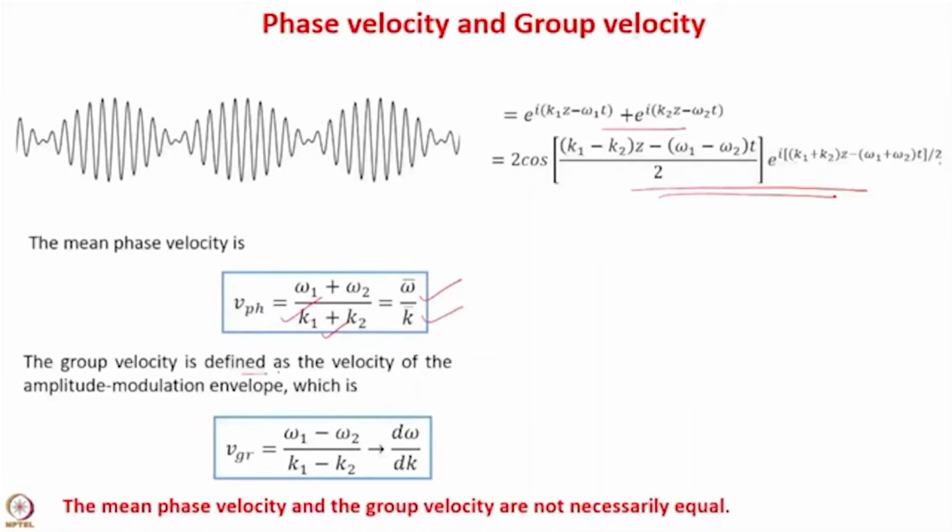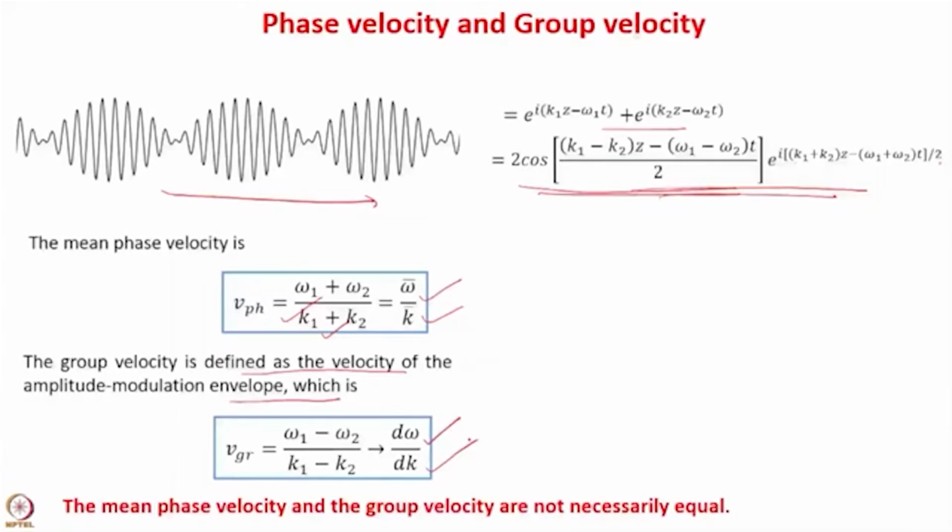The group velocity is defined as the velocity of the amplitude modulation envelope. This is defined as the velocity with which the wave packet or the wave group is moving. We can write this as, coming from the amplitude modulated part, the group velocity is omega 1 minus omega 2 divided by k1 minus k2, which is d omega by dk.